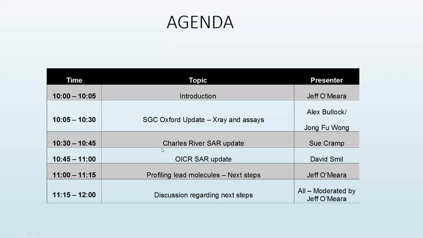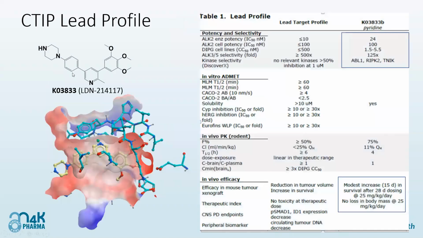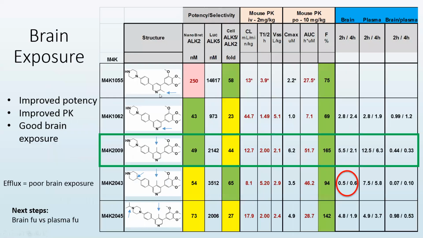So again, I just wanted to remind everyone about the CTIP lead profile. I presented this at the last meeting, so it's really just here for reference. We did select several compounds to move into a brain exposure experiment, and M4K 2009, as I presented at the last meeting, really showed good brain exposure and brain to plasma ratio of about 0.3 to 0.4, 0.5.